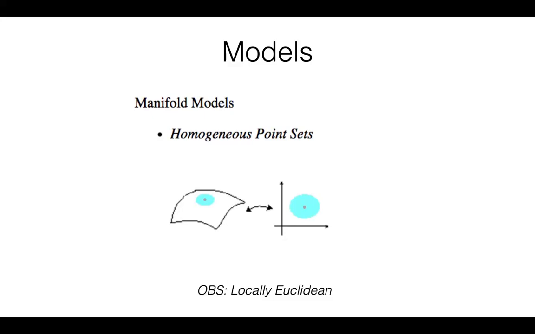So these homogeneous point sets have a property that they are locally Euclidean. So if you take a point in the shape, we can see this vicinity of this point projected into the tangent space of the shape, and the tangent space is locally Euclidean.